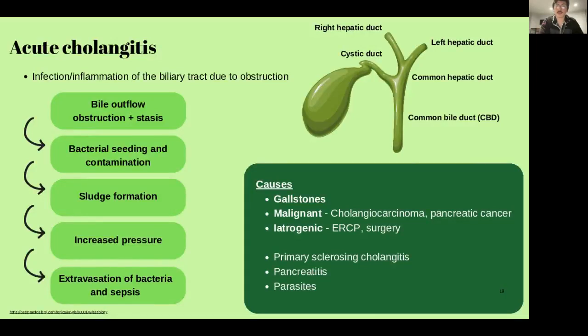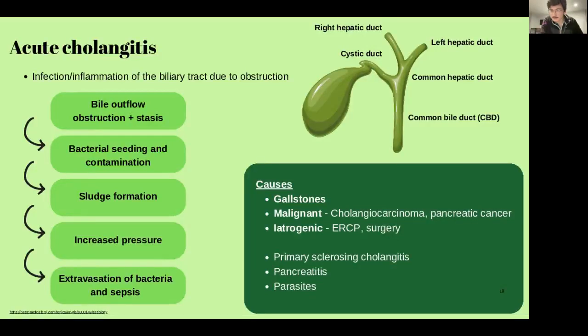I think that's theorized to come from the portal vein, which comes from the gut and runs with the portal triad: the bile duct, the portal vein, and the hepatic artery. They're all close to each other, so you can get bacterial translocation into the common bile duct from the portal vein.